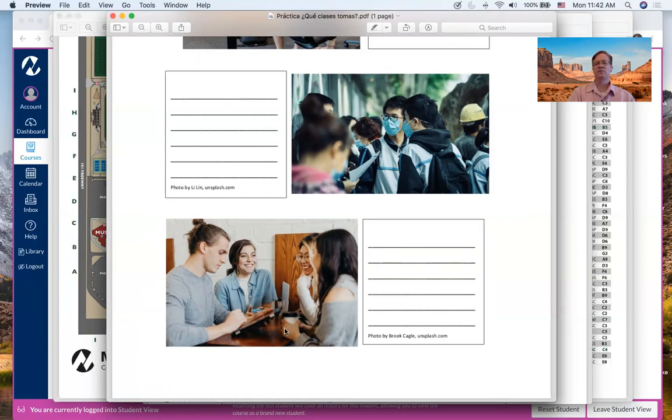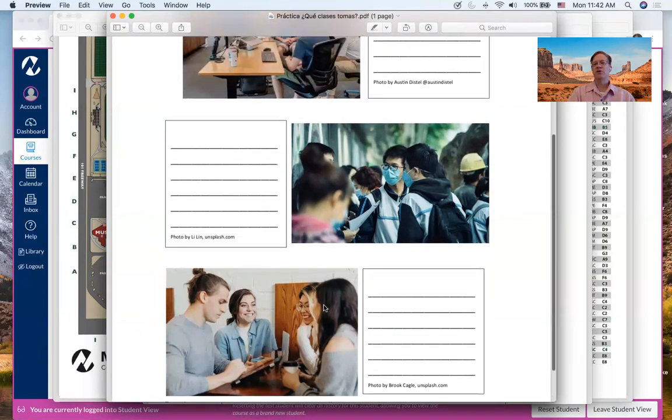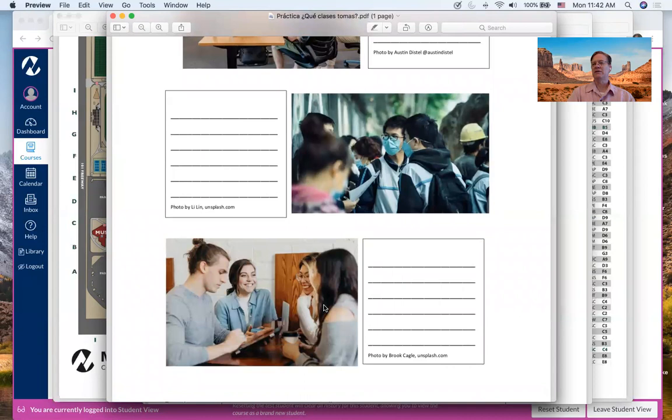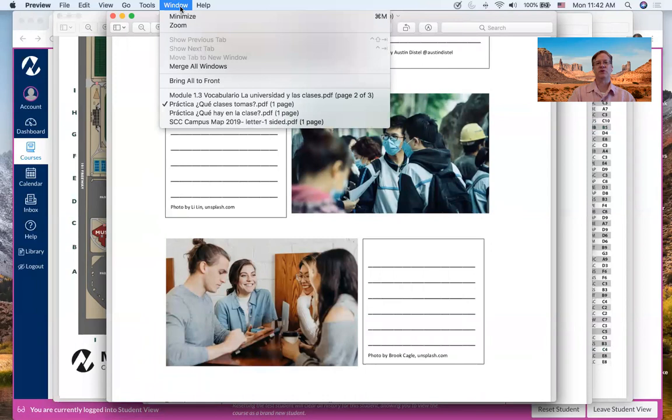What are they taking? Posiblemente informática, computación, estadística, different. So these 3 pictures will help you practice the vocabulary related to what classes you're taking this semester. Be creative, try to practice as many classes as you can, not just the ones you are taking yourself personally.